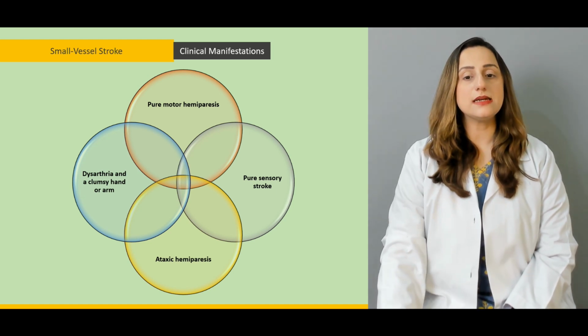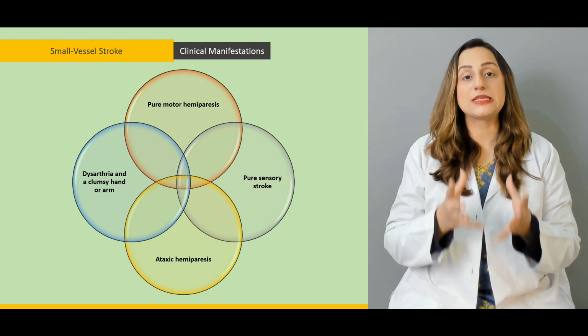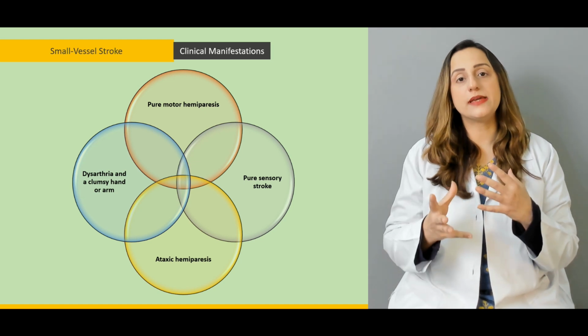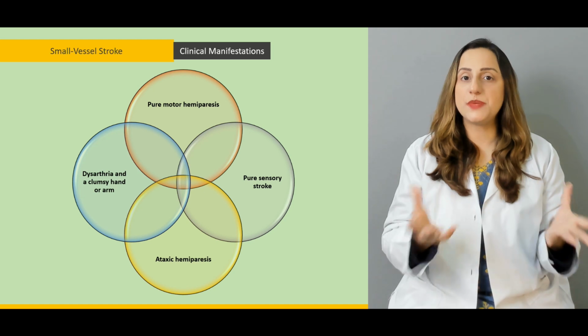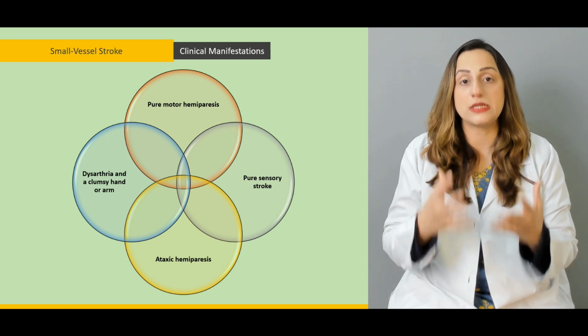So this is the picture. As you can observe over here, it's a Venn diagram. Sometimes it can be a mixed picture involving a sensory component, a motor component, and speech areas, or it can even be combined with ataxic and incoordinated movements of the individual.